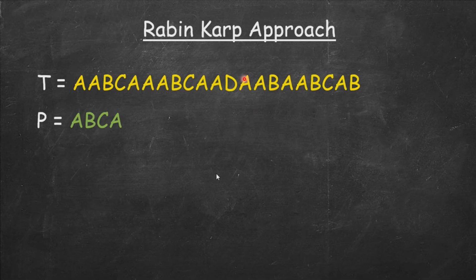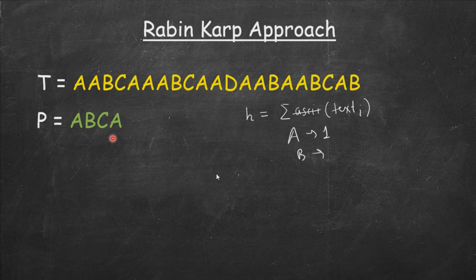So we have one text, we have one pattern, and let's define a simple hash function, not the one we talked about, but for simplicity, let's say we have a hash function where we just sum the ASCII values, no more calculation. Of course, this is not a good hash function, and even for simplicity, let's skip the ASCII values also. We will just take A as 1 instead of 65, B as 2, C as 3, and so on.